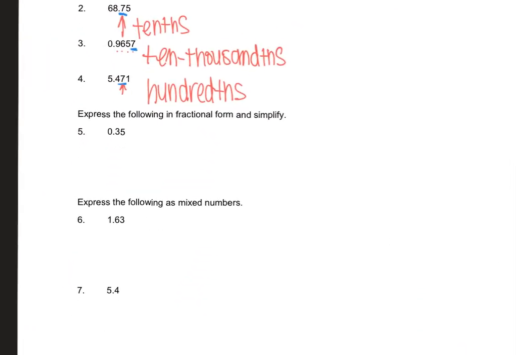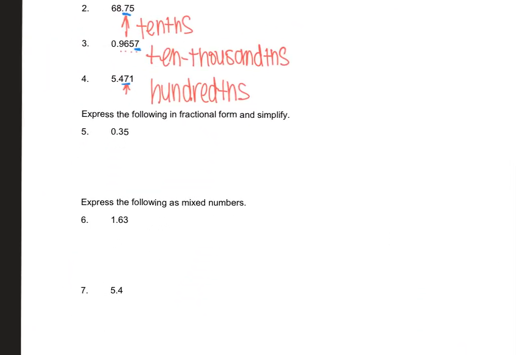All right, so now express the following decimal in fractional form and simplify. When you're reading that, you're really reading that as 35 hundredths, using that chart again. If you build that chart in your head or list out those place values, this is really 35 hundredths.